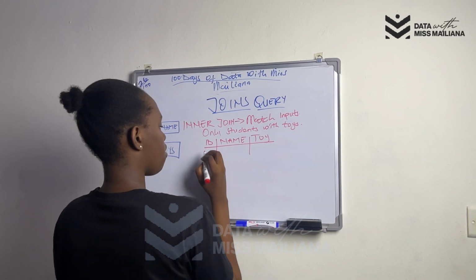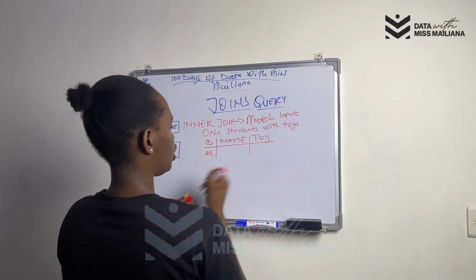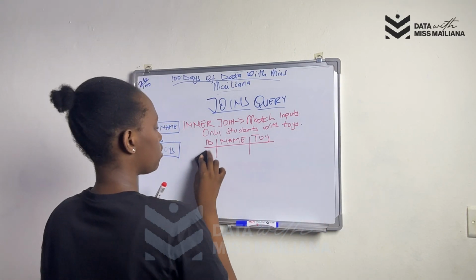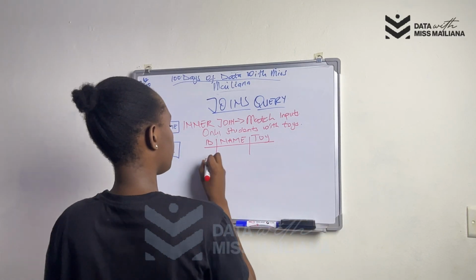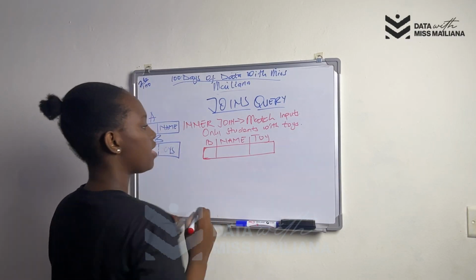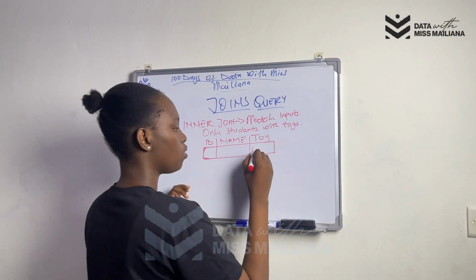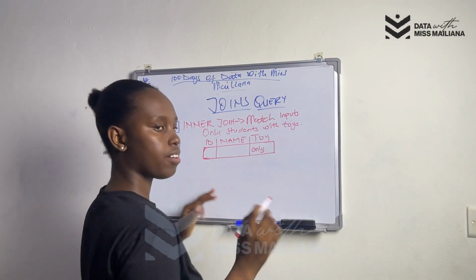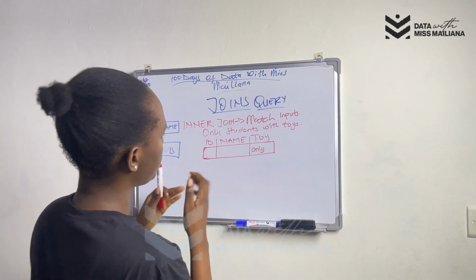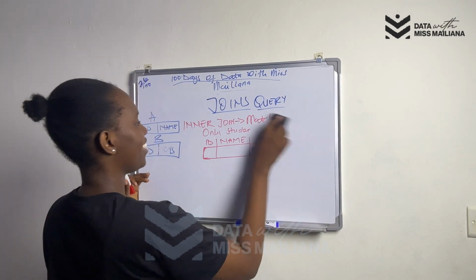All of them have a match. This table has the ID, name, and only those who have toys. So that's inner join. I think we can squeeze up a bit.